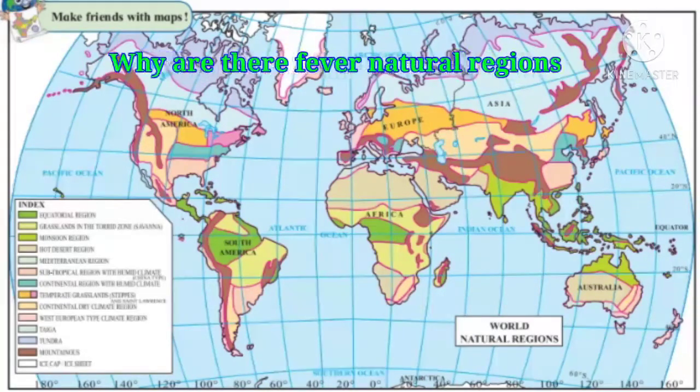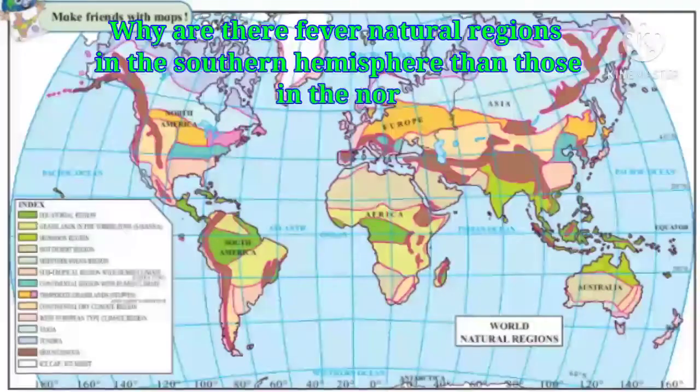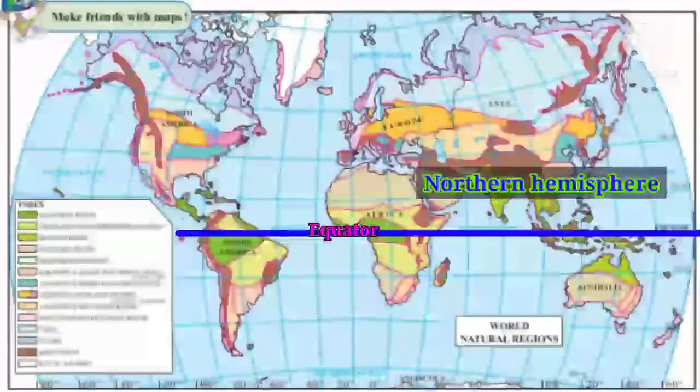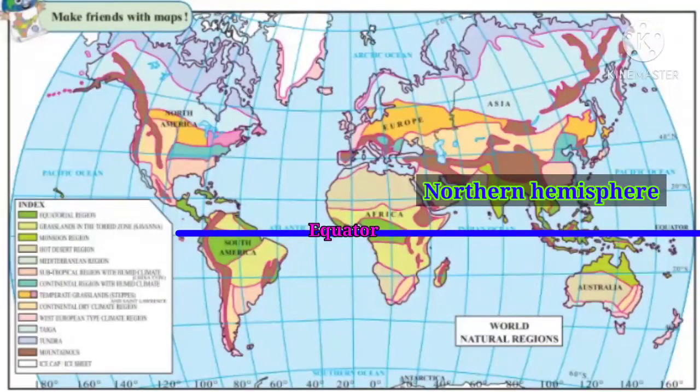Fourth question, why are there fewer natural regions in the southern hemisphere than those in the northern hemisphere? Students, this line is the 0° equator. Above this line is the northern hemisphere, and below this line is the southern hemisphere.